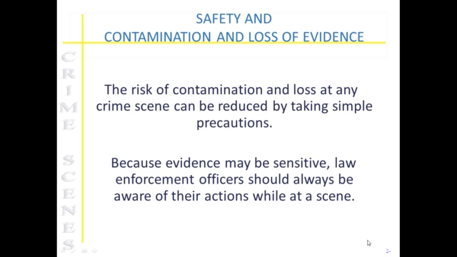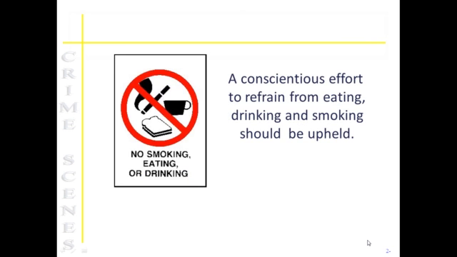When you're at a crime scene, you always have to be aware of safety and contamination issues. There are a lot of different precautions that can be taken to prevent the loss of evidence and also to provide safety measures to personnel at the crime scene. Being aware of your own actions is the best way to take any precautions.